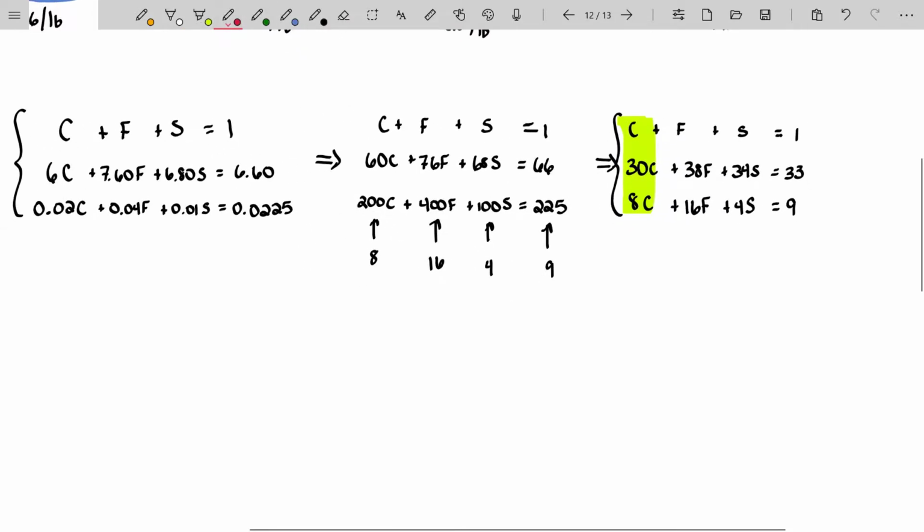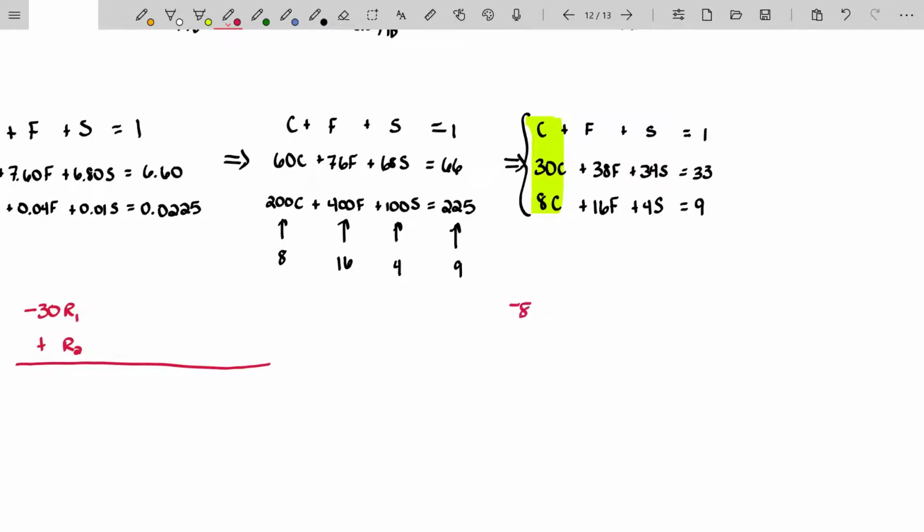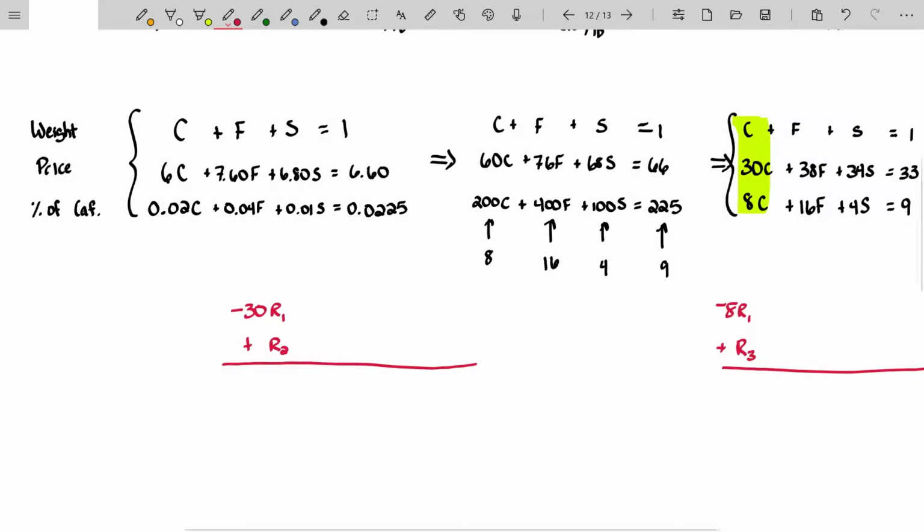I'm going to take negative 30 times row 1, and I'll add that to row 2 to become a new equation. And then I'll take a negative 8 times row 1 and add that to row 3 to become a brand new equation as well.